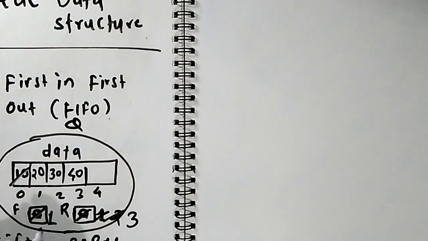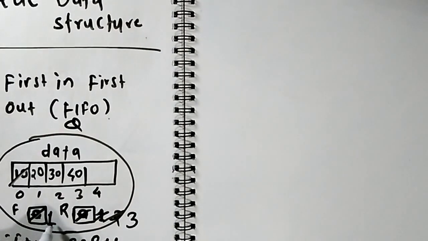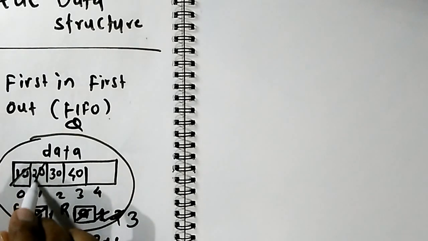If you do a few more deletions, let's do one more deletion. For doing the deletion, we see f is 1. So go to location number 1 and delete the number from there and increment f by 1, making f equal to f plus 1, that is 1 plus 1 equal to 2.